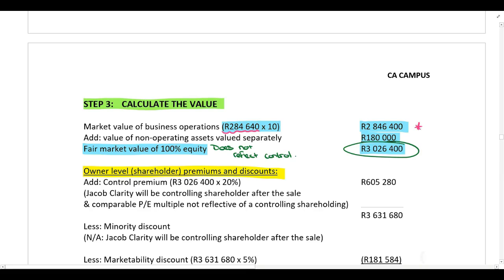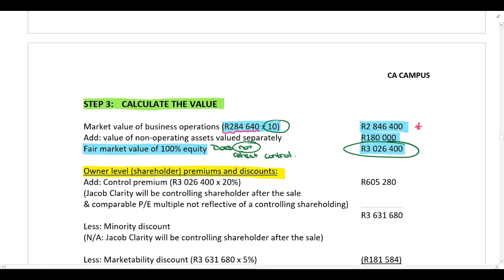Now, please note, if the question is silent, you can assume that this value does not reflect control. Why am I making that assumption? Because I'm using the PE multiple of a similar listed company. And with a listed company, chances are you are not going to have one controlling shareholder. With a listed company, you are going to have many minority shareholders.